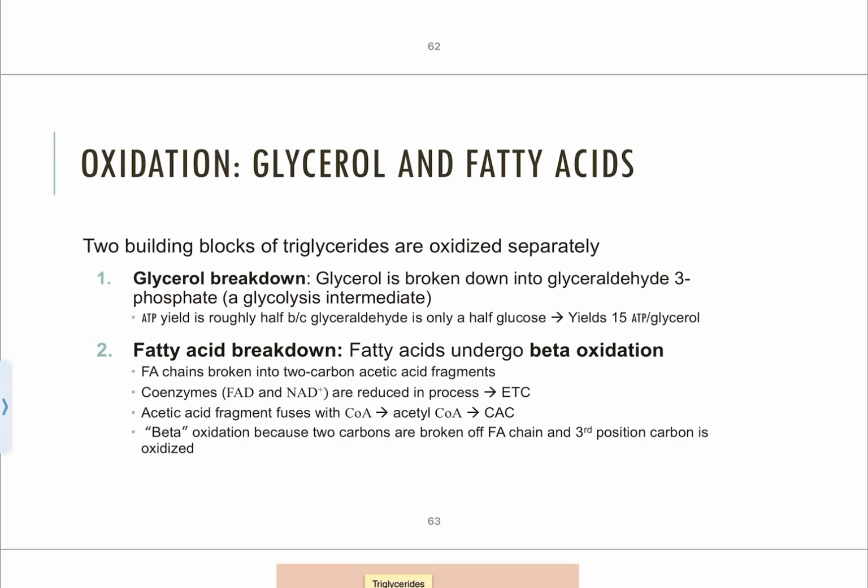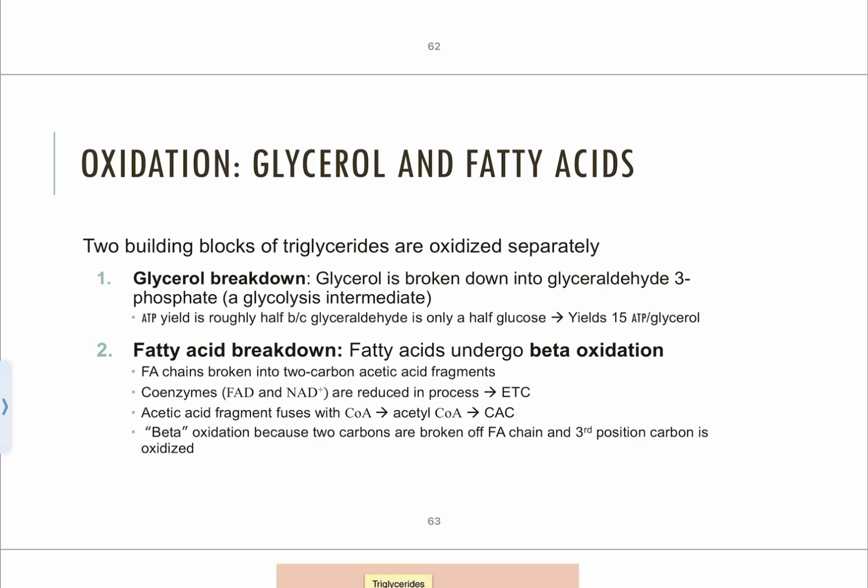We only get about half the amount of ATP as a product because we only have half of a glucose molecule. We only have one acetyl-CoA entering into the citric acid cycle, where we had 2 acetyl-CoAs that were able to enter in the citric acid cycle from glycolysis from a glucose breakdown.